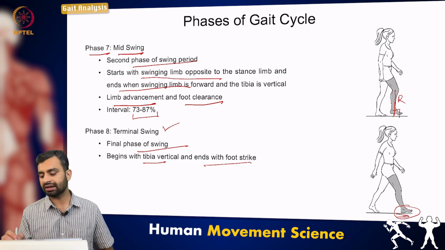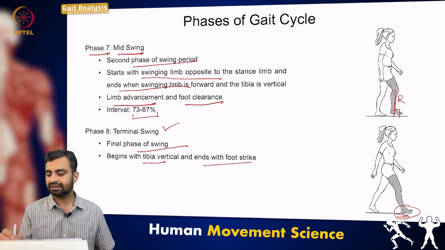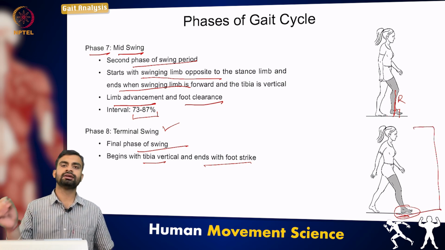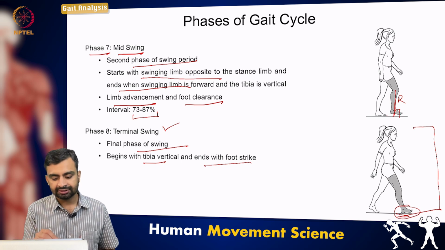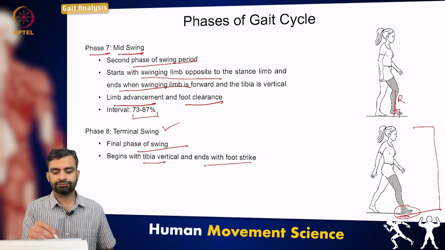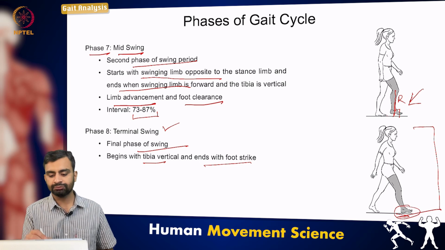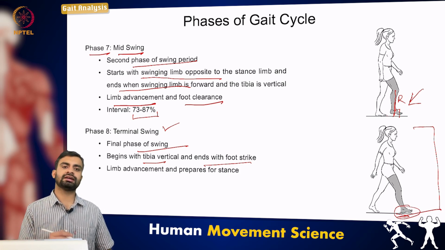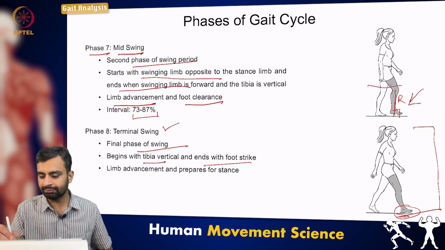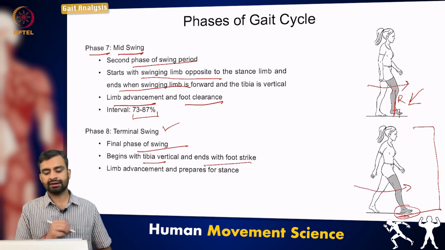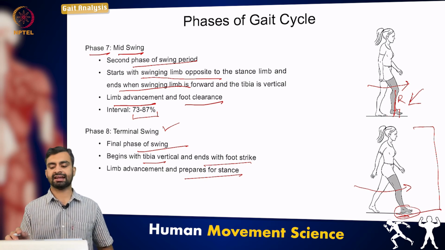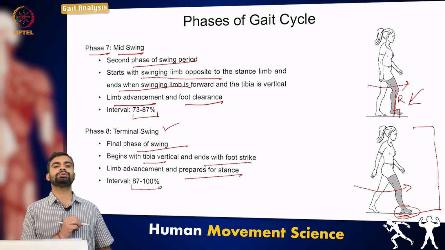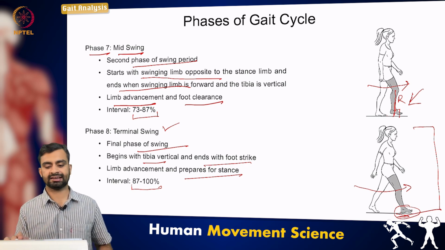Since in the initial contact we started with this, this particular phase is identical with the initial contact, where we started with the tibia vertical from our mid swing phase and then moved to the foot strike. It helps the limb advancement, like our right limb is moving forward, and prepares it for the next stance period, and it happens in the 87 to 100% of the gait cycle.